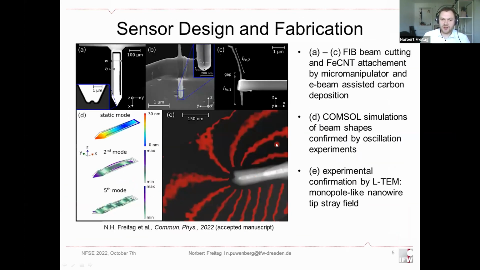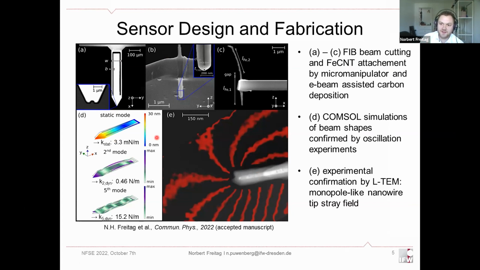Okay, so now how is it fabricated? Here you see a pointer-shaped Nanoworld TL1 cantilever with 500 micrometer length. Here we did some special cutting, this U-shape, reverse U-shape. This is for bringing down the static mode cantilever stiffness, which is in the range of millinewton per meter. And this is used for measuring the deflection.